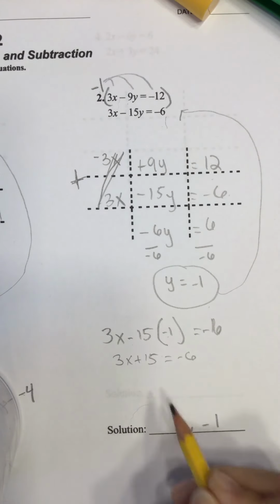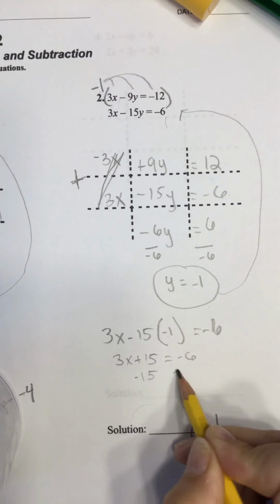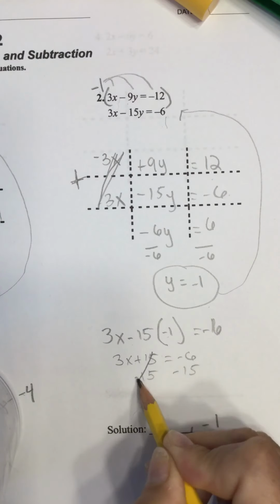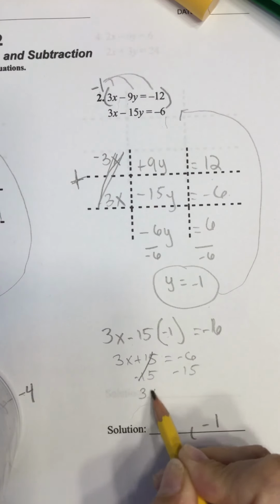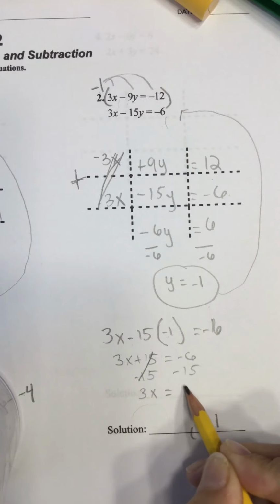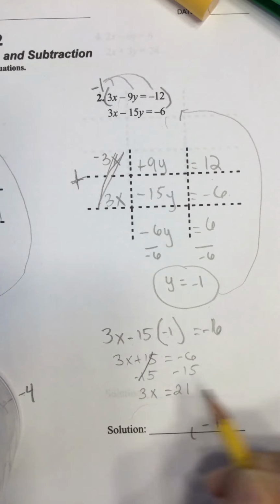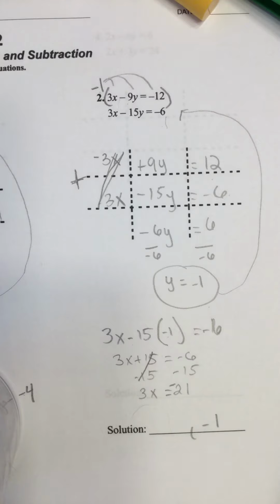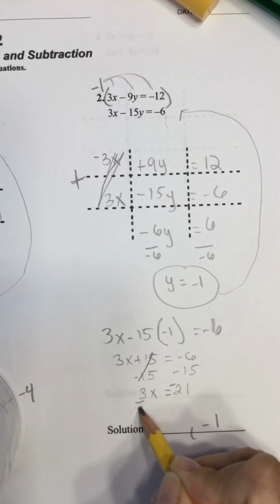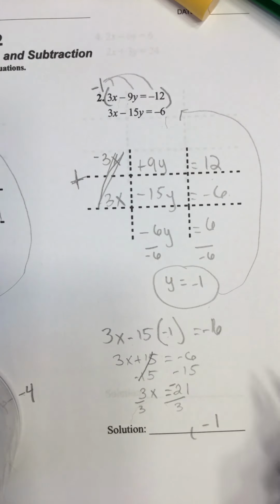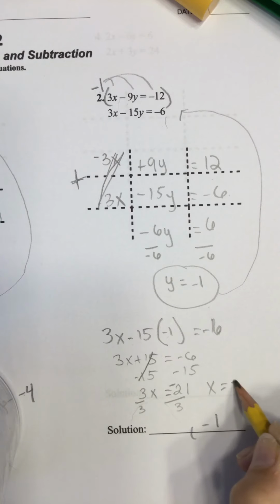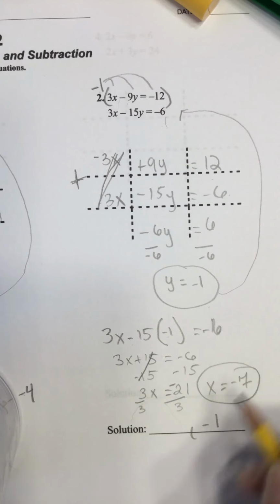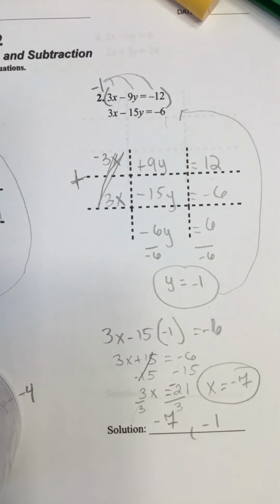Combine like terms, so I'm going to subtract 15. 3x equals negative 21. Divide by 3. I'm running out of room. X equals negative 7. And those are your two x and y's.